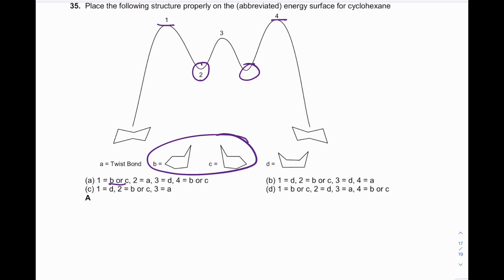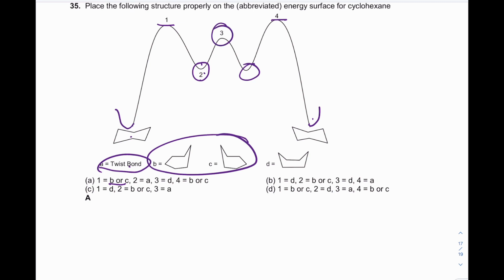Out of these 4, it will be twist boat. Most stable is chair, and then twist boat. So this will be twist boat, and the lowest one will be chair, as given in the graph.